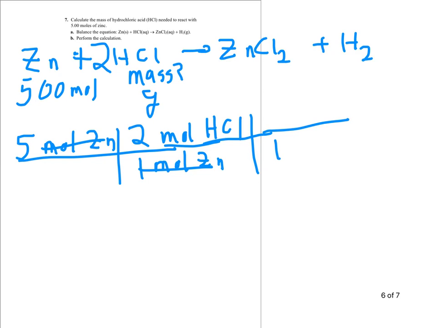And 1 mole of HCl is our calculator again, and a periodic table. Chlorine at 35.45 plus hydrogen at 1.01 gives us 36.46 grams of HCl.